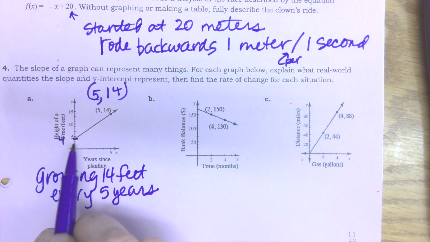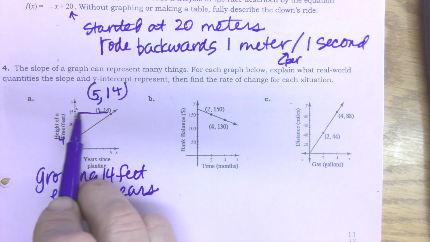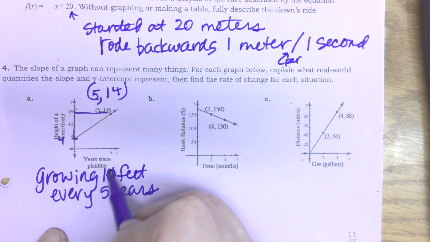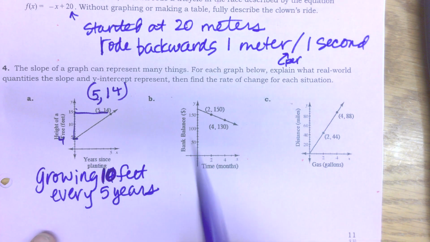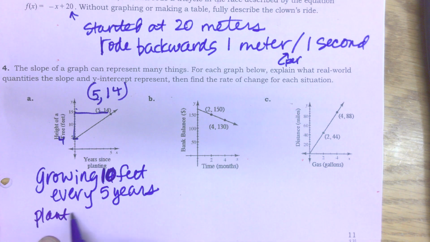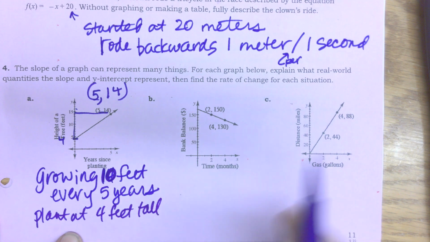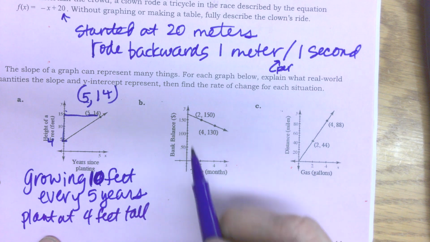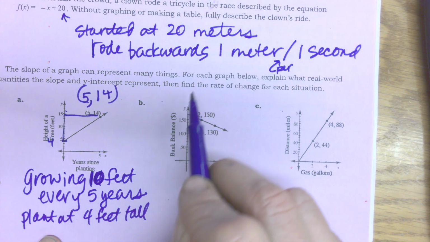That's 4. So really, how much did it grow? 10. This should be 10 feet every 5 years. Okay, now, how tall is it when they planted it? Great. Yep. Okay. Let's interpret what's going on here.